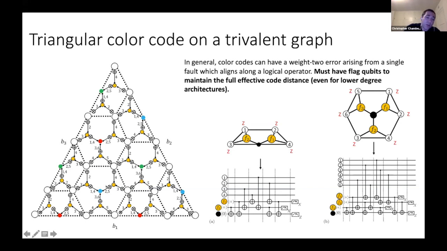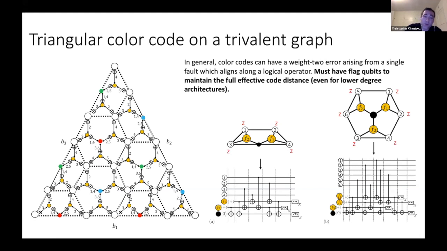So what you can do in this case is have a smaller tiling of hexagons where you add flag qubits, and so the yellow vertices here are the flag qubits, and the colored vertices are used to measure the stabilizers.